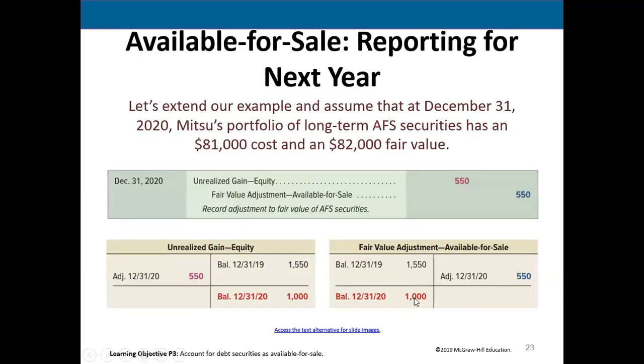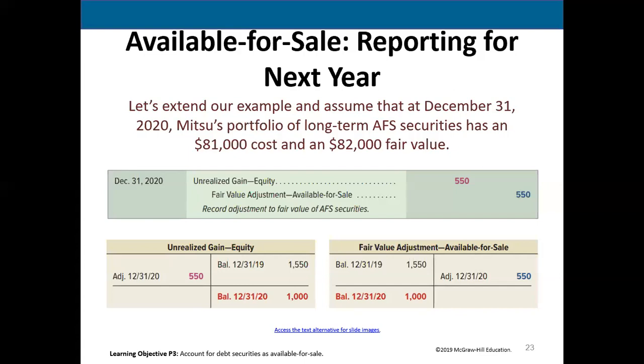Now, what happens next year? Let's extend our example for this category and assume that on December 31st of next year, Music City's portfolio of long-term available for sale securities now has a cost of $81,000. So they bought some more.